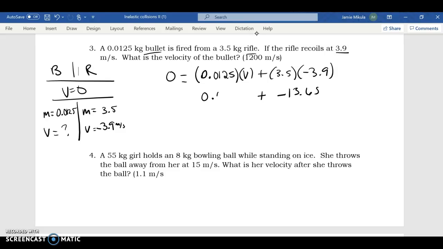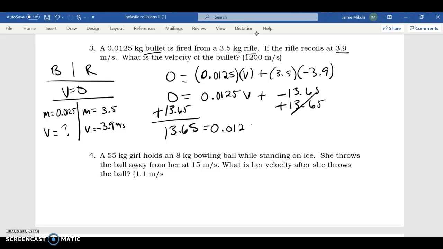And then I'll bring all the other stuff down. All right, so we're adding a negative, so I'm going to add the 13.65 to both sides. So 13.65 equals 0.0125 V, and then divide 0.0125 under the 13.